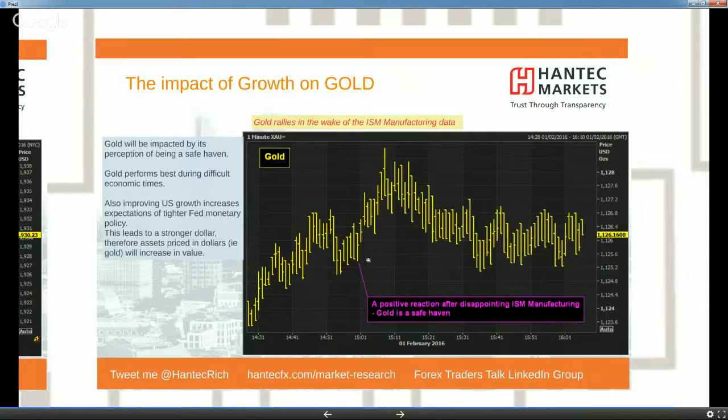Therefore, a safe haven would perform well in that environment, but also that would put downward pressure on the dollar. So disappointing manufacturing ISM data puts downward pressure on the dollar, and then subsequently the gold price would benefit off the back of that. And here you can see that move was seen in the subsequent move in February.